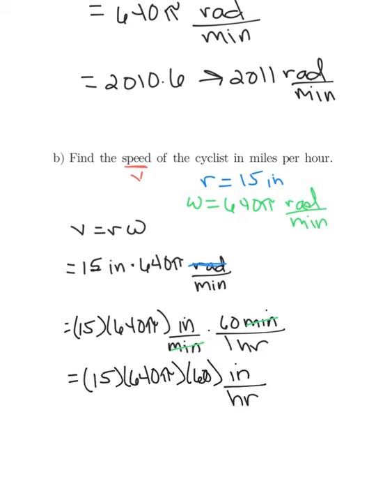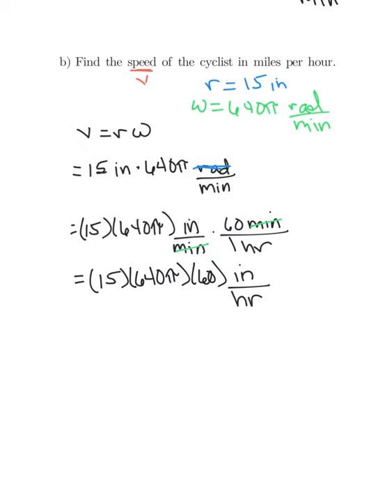I'm not going to write the divided by 1 because that doesn't have any effect on anything. Just for space purposes, I'm going to go ahead and multiply what we have at this point. Our number is big. It is 576,000 pi, and we have inches per hour.